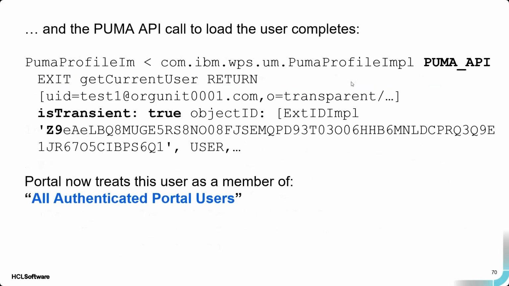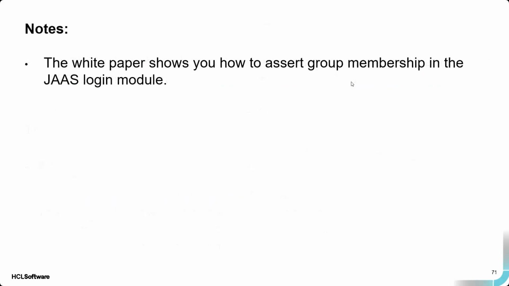And by default, if you do nothing in your Jazz login module, these transient users are included in the virtual group called all authenticated users. So if you have a very simple site and you only need to distinguish between authenticated and unauthenticated, then you can use this virtual resource to manage your access there. And the white paper goes into detail about how you can assert group membership.